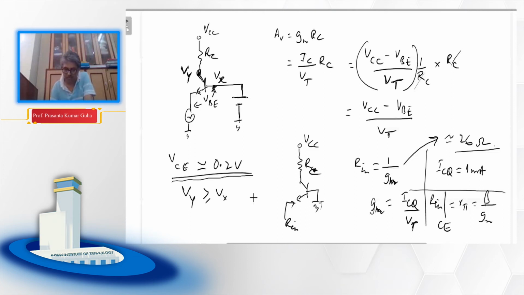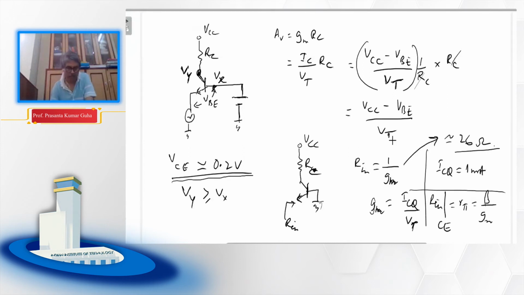In fact, if you see Razavi's book, there is an elaborated discussion of where we can use this common base configuration. Usually we use common base configuration for example in transmission lines in microwave. In a transmission line, the characteristic impedance is around 50 ohm, so we can tune this circuit in such a way that we can match this input impedance with the transmission line characteristic impedance, so that we have very little reflection in the transmission line.